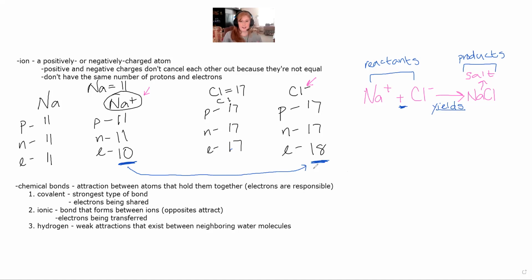Okay, that's how they are a transfer of electrons, if you will. Really, that means that the electron that should have been hanging out with sodium is now hanging out with the chlorine. Okay, so sodium gives one up and sends it to chlorine. And that's what happens in all of these ionic bonds, is that one atom is giving up one or more electrons to another atom. Okay. All right. So this is an ionic bond.